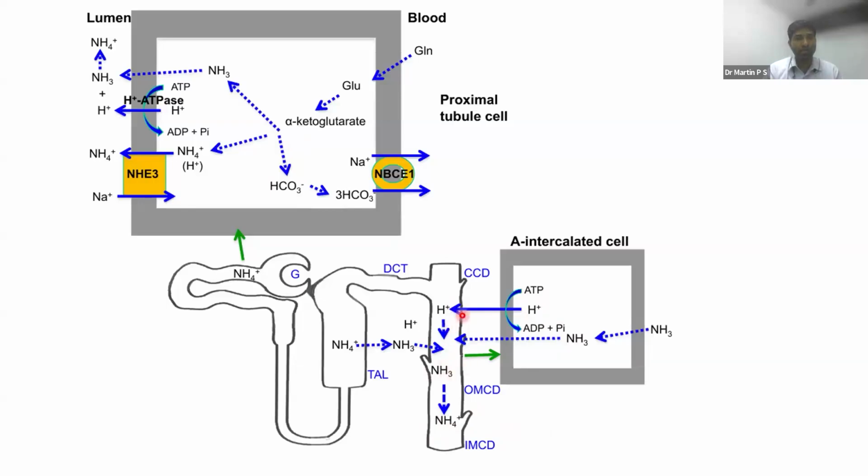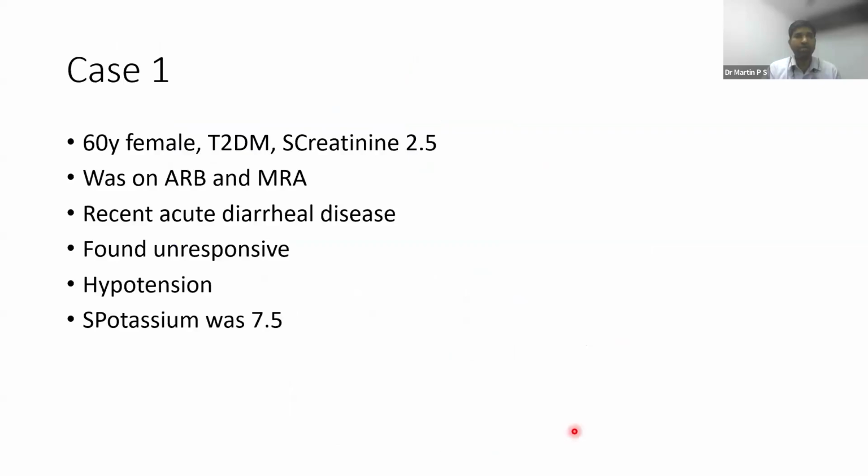Because of the presence of H plus in the tubular lumen, the urine pH is usually less than 5.5, which is not commonly seen in distal RTAs. That is the difference between distal RTA and type 4 renal tubular acidosis, where the urine pH is maintained at less than 5.5. So next we will discuss a few cases.